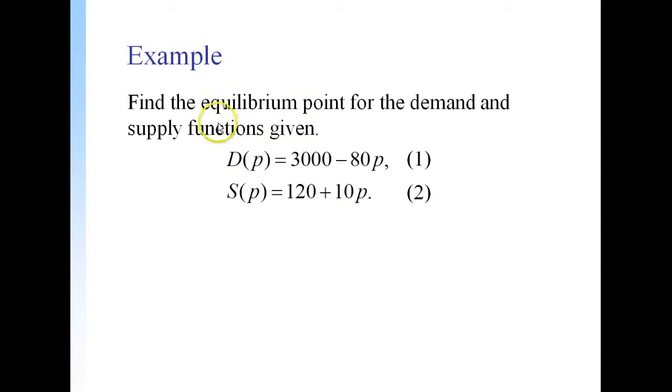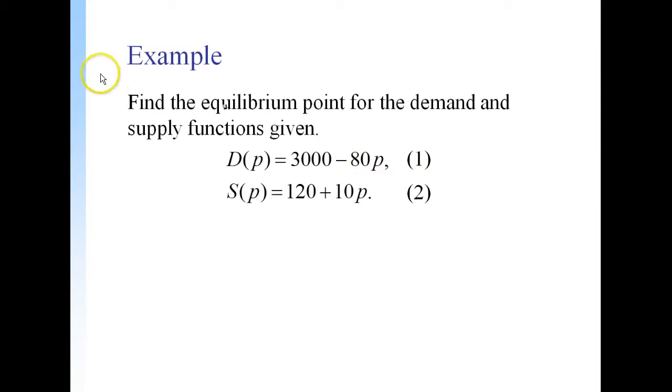And they do give us some equations to indicate demand. Okay, that's the D. And the supply. Now notice here, this is negative slope, so this will be going down. And this is positive slope.